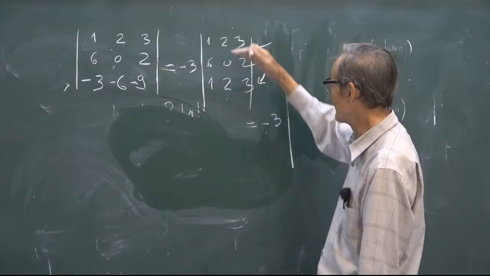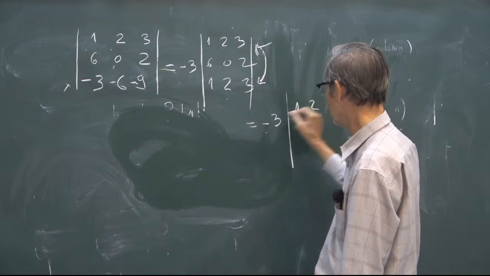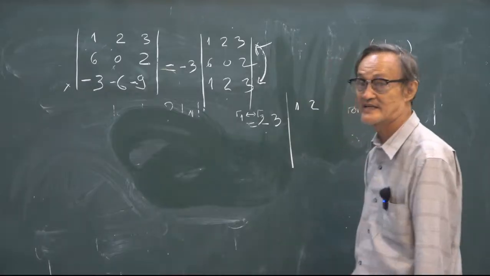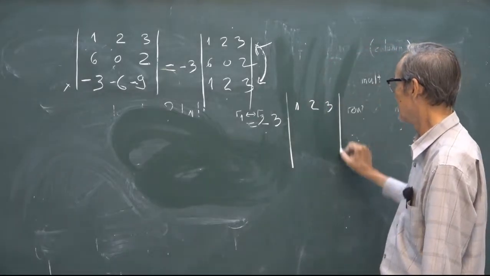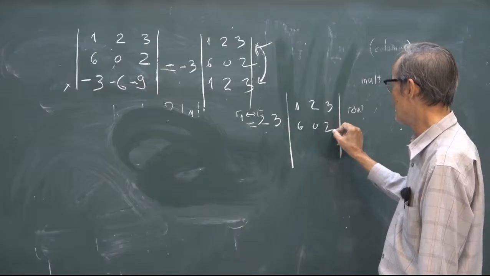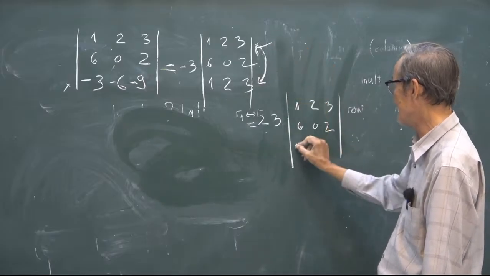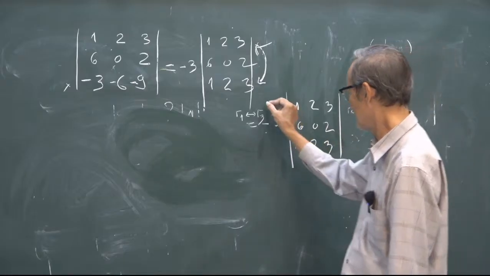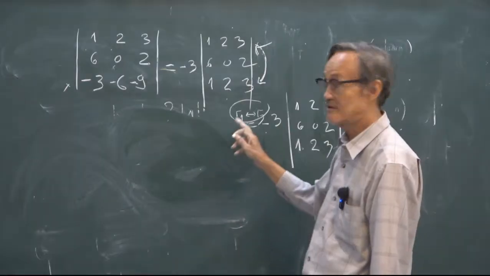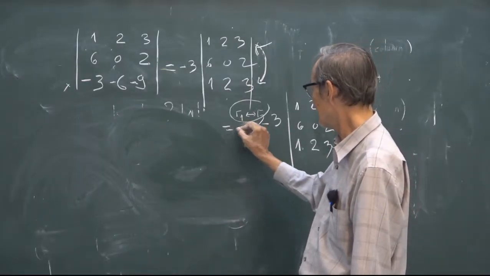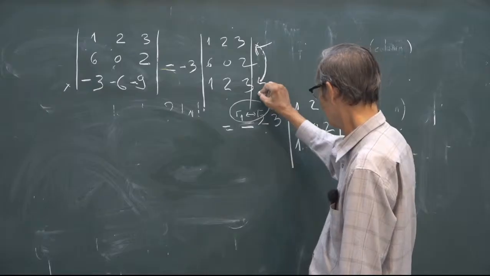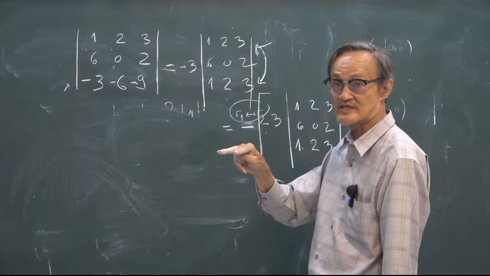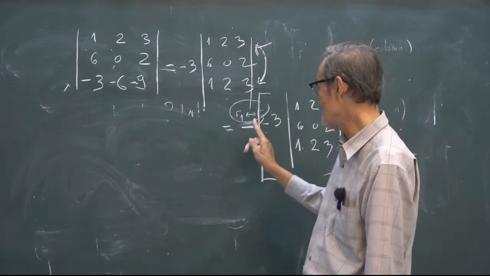Row 3 becomes row 1. Row 3 exchanges to row 1. Rewrite row 2. Row 1 becomes row 3. And from the above properties we have minus. Okay, if we exchange 2 rows, the result changes the sign.